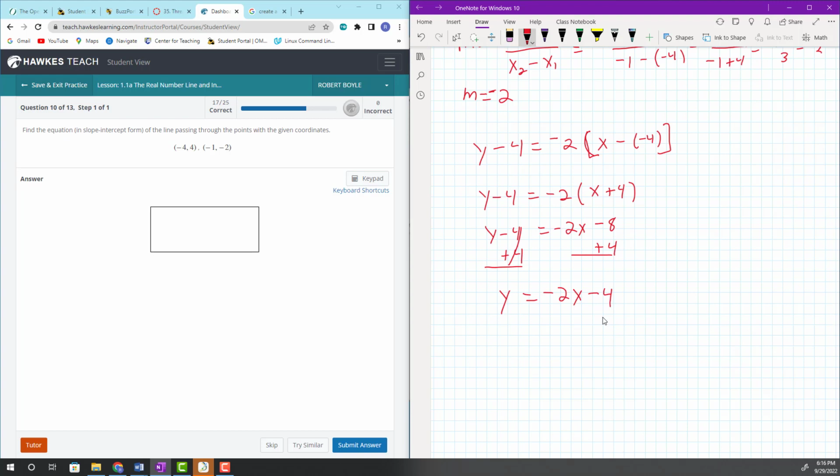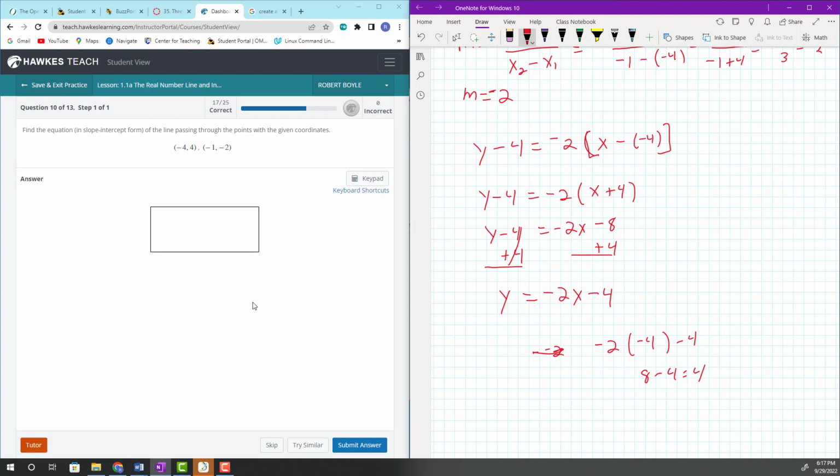We can actually check to make sure. What happens if I substitute minus 4 into this particular equation? That is going to be negative 2 times negative 4 minus 4. And that will be negative 2 times negative 4 is positive 8 minus 4, which is 4, which is what y is.